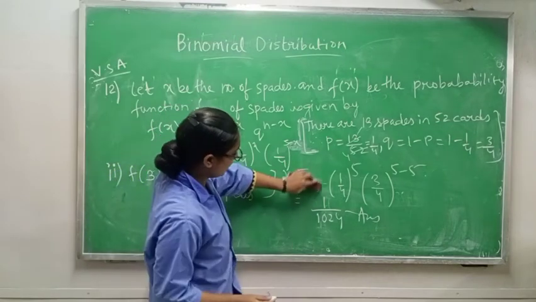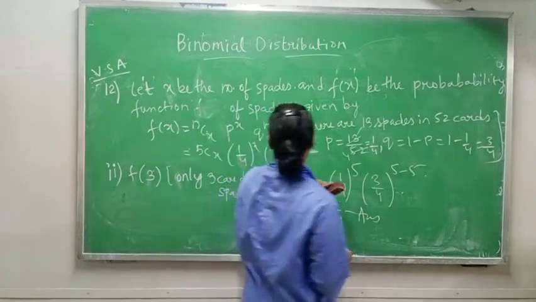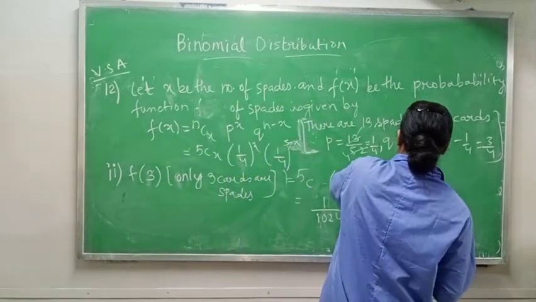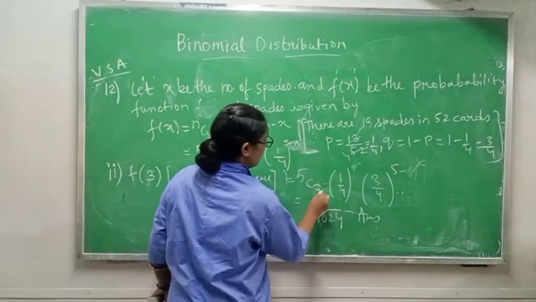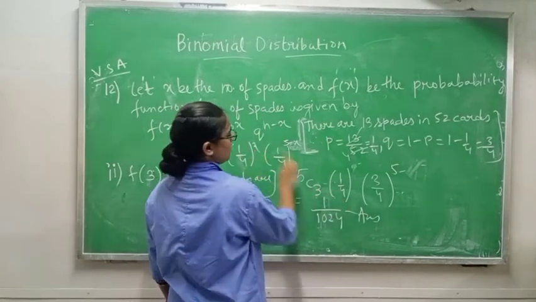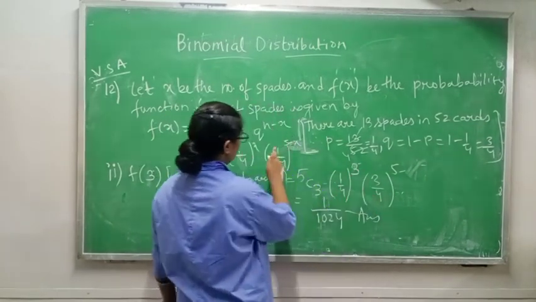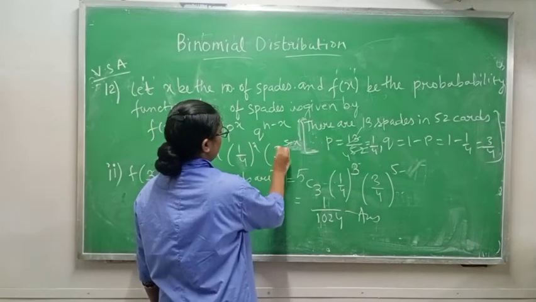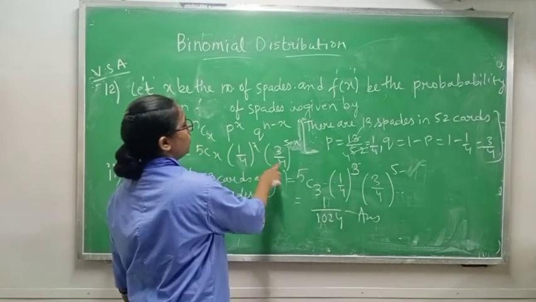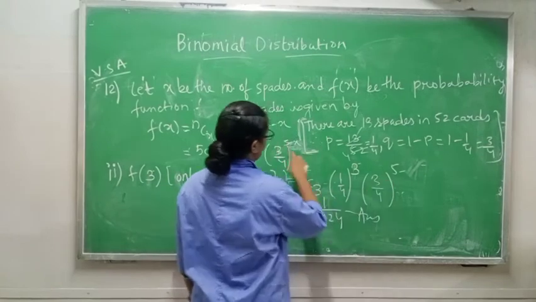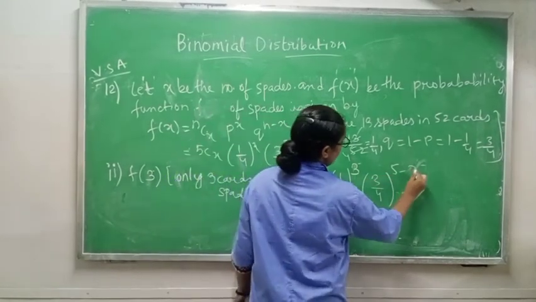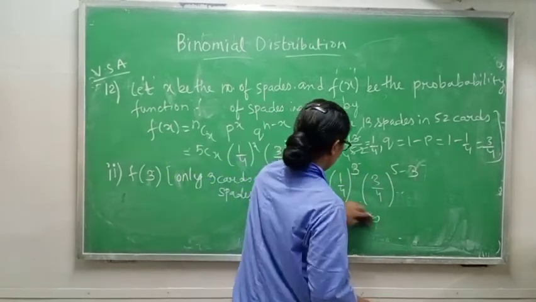You will write here in place of x, now it will change and you have to write 3. So 5C3, 1 by 4 power 3, and q is 3 by 4 power 5 minus x, so 5 minus 3.